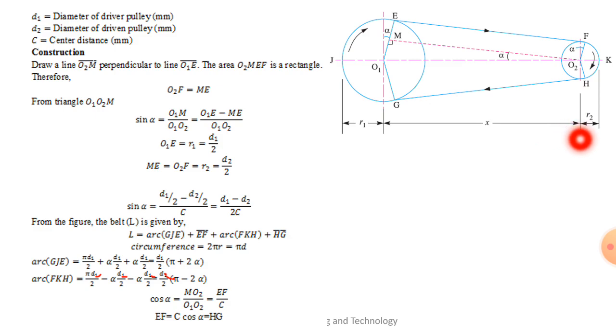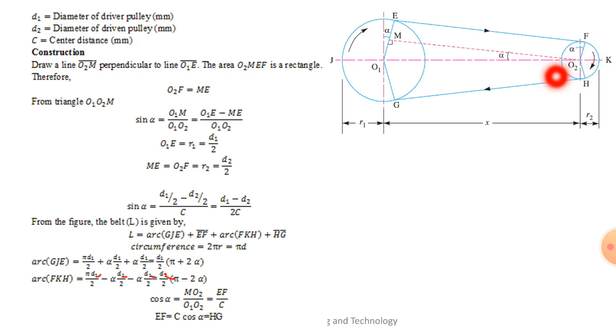R2 is the radius of the driven pulley, and C is nothing but X, that is the center distance between the center of the driver pulley and the center of the driven pulley. The center of the driver pulley is represented by O1, and the center of the driven pulley is represented as O2.